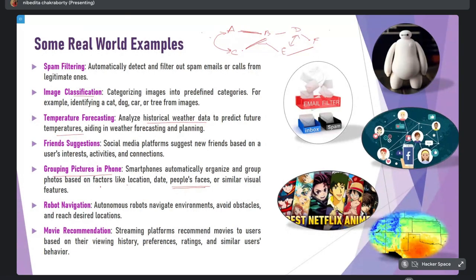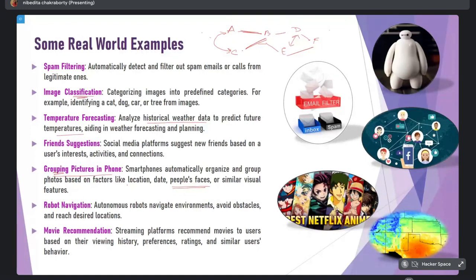We are grouping similar kinds of pictures. Okay, we are not classifying that this is ocean and this is some person. We are grouping the same kind of person into one cluster, and the same kind of location is grouped into one cluster. Okay, so this is the difference between grouping and classification.